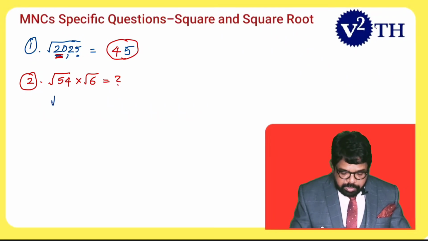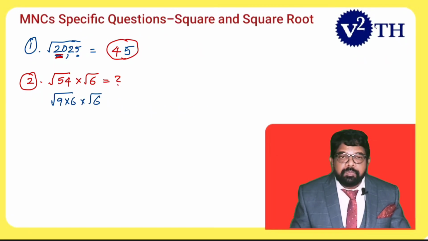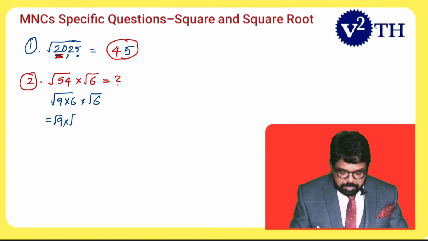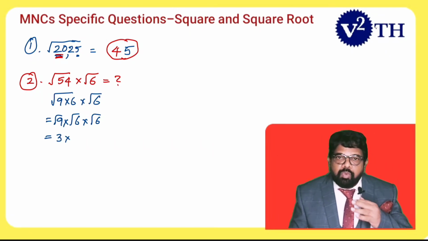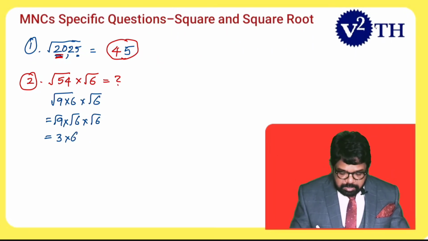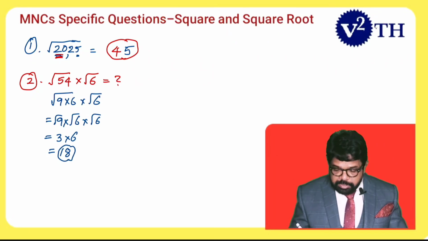Root 54 can be written as root 9 into root 6, into again root 6. Root 9 is 3, and root 6 into root 6 is root 6 whole square. Square and root get cancelled, we get 6. So 3 into 6 is 18. So 18 is the answer for the second question.